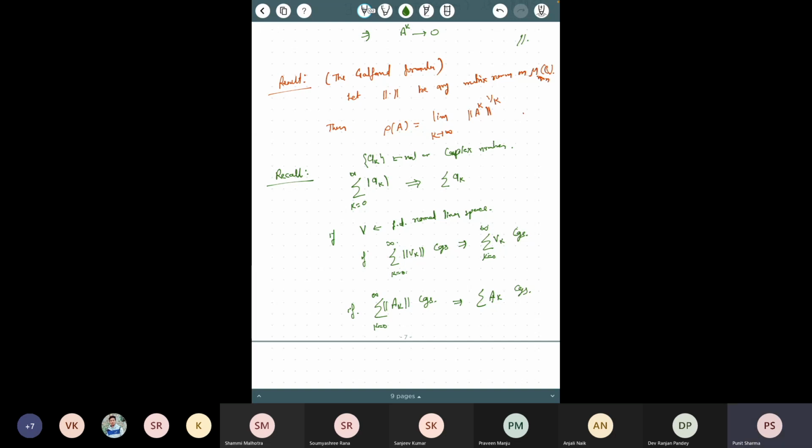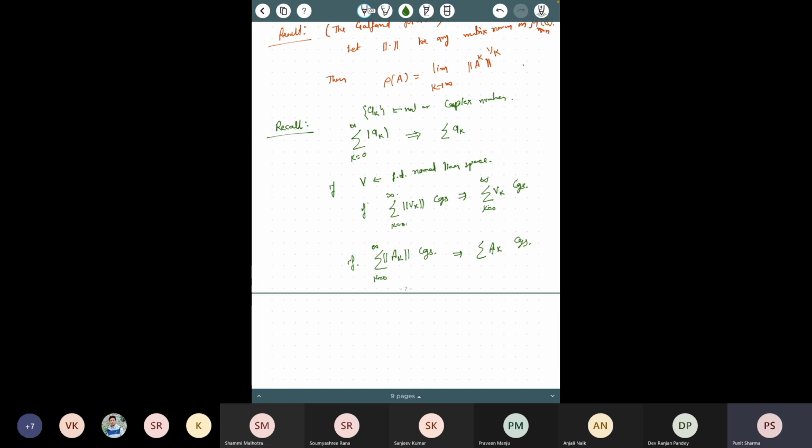In a general vector space, we don't have this notion of multiplication. But for matrices, we have a natural multiplication defined, and therefore we can talk about power series, right? If we simply talk about simple convergence of series, then we can just use whatever we know from finite dimensional normed linear space.